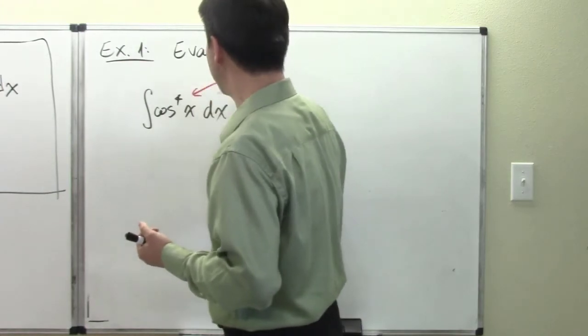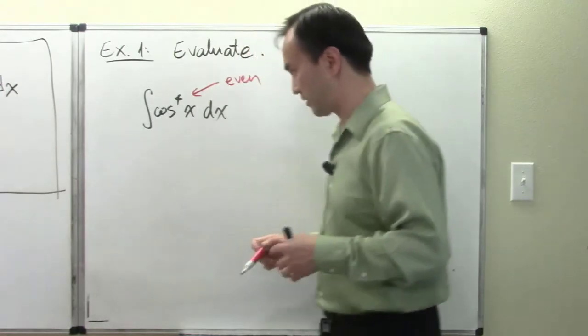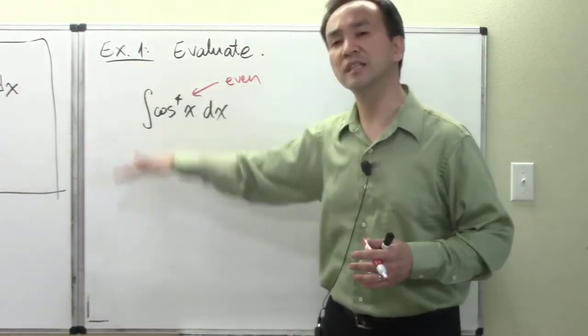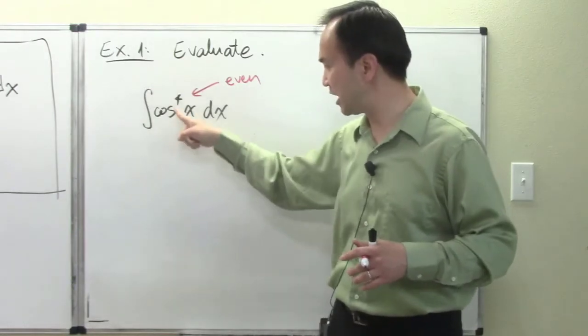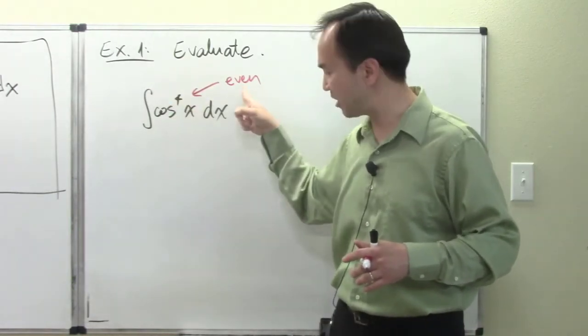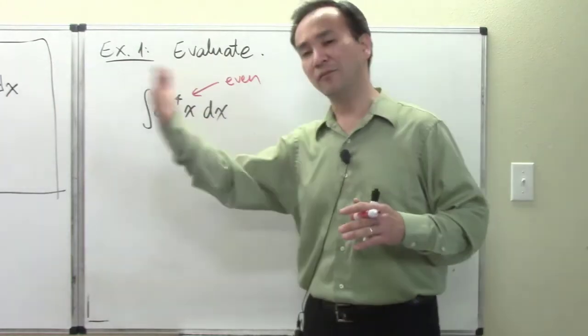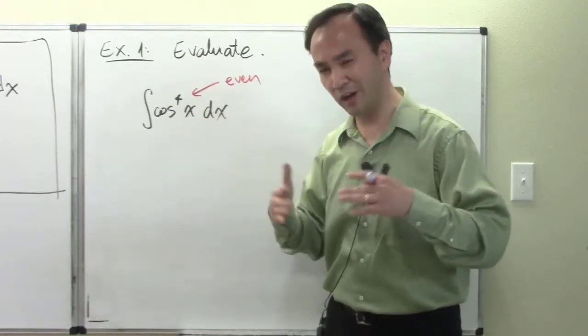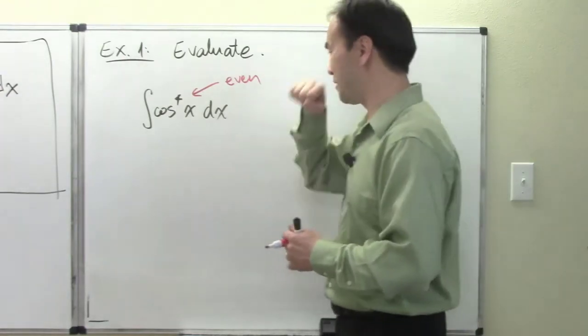The power here is even. Now I have to admit, once you've learned the methods I introduced here for this cosine to the 4th power, an even power, that technique can also be applied for a sine function, because sine and cosine a lot of time work similarly.